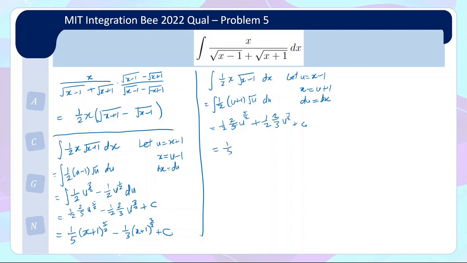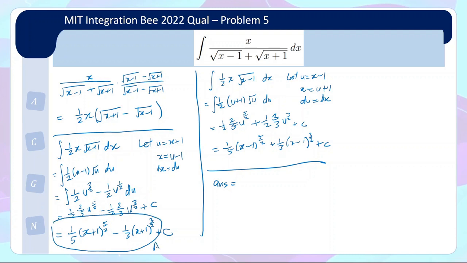So this is 1/5, and then I sub back what is u. u is x minus 1, so (x minus 1) to the 5 over 2 plus 1/3 (x minus 1) to the 3 over 2 plus c. Then lastly, we take one minus the other, so instead of writing the whole thing out, I'll just say this is a, and then I call this b. This is a minus b. Then of course plus c.